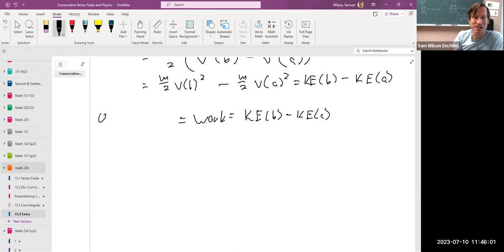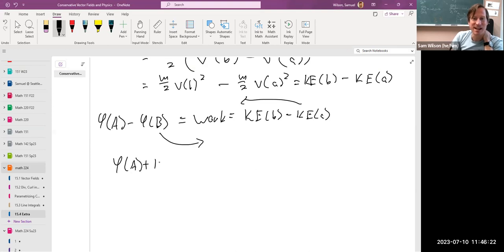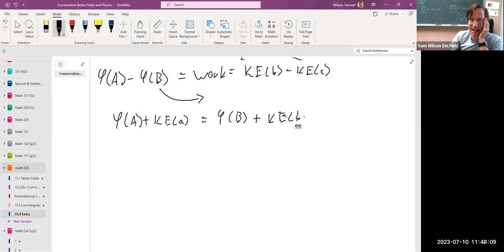We found that it was the potential energy at A minus the potential energy at B. Now, if we rearrange things, moving this kinetic energy over there and this potential energy, we get potential energy at A plus the kinetic energy at time A equal to the potential energy at position B plus kinetic energy at B.